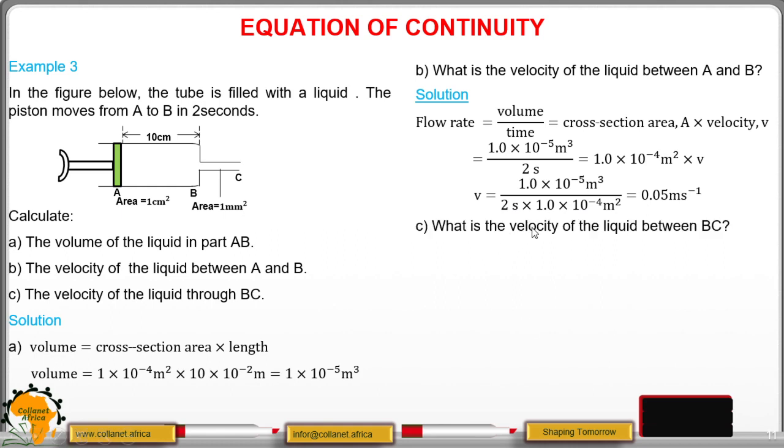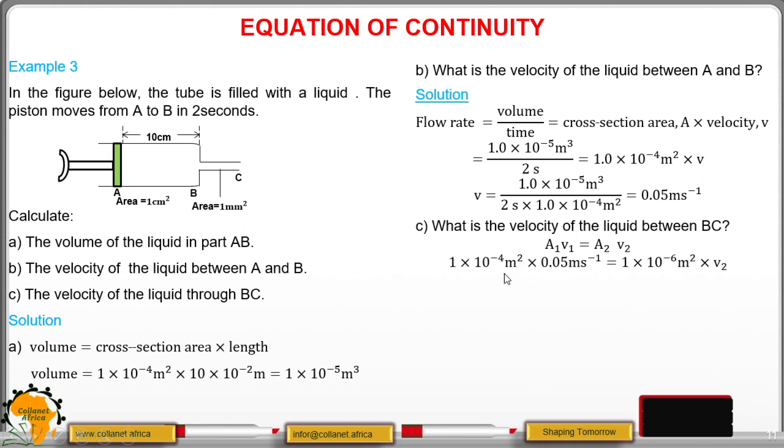Then, what is the velocity of liquid between BC? Using the equation of continuity, A1 V1 equals A2 V2. So that means that the mass flux is constant, it's not changing.